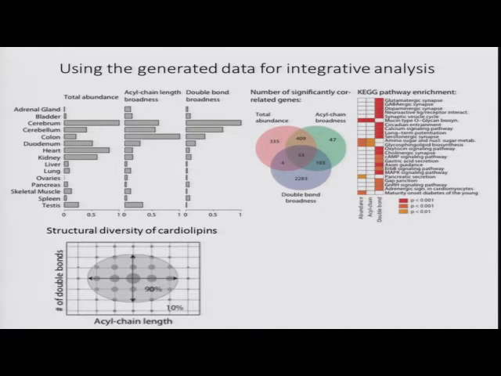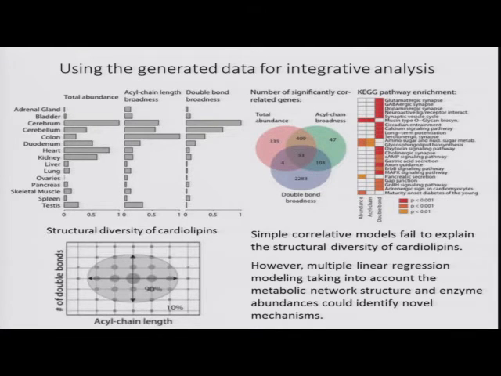Basically, this analysis shows that the abundance of cardiolipins correlates well with energy metabolic pathways, which is not surprising, because when I need a lot of mitochondria, I also have a lot of cardiolipins. The double bond broadness co-correlates well with brain function pathways. So there is nothing much surprising there, but it shows how this data can be used.